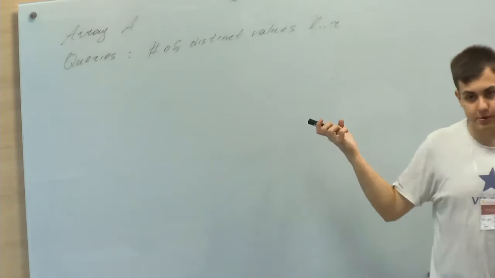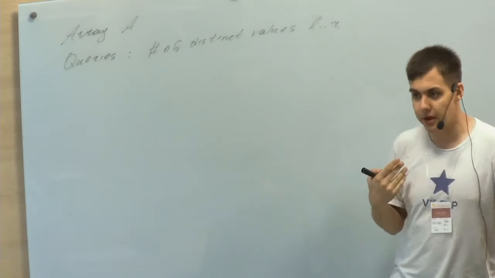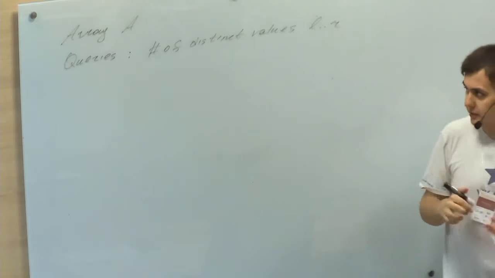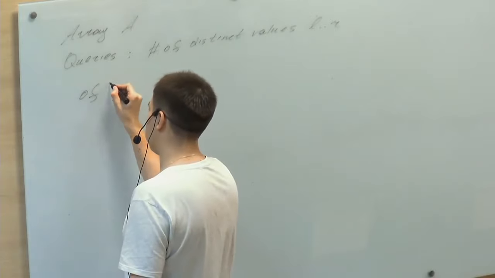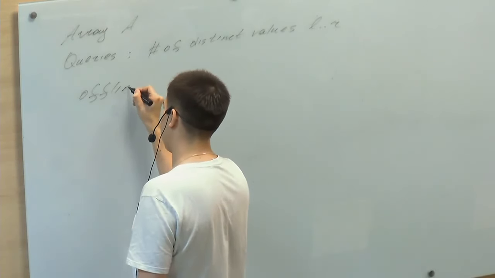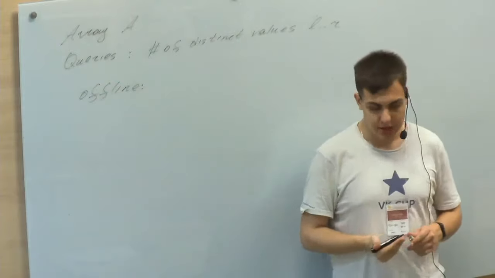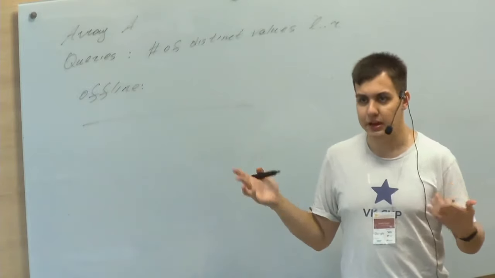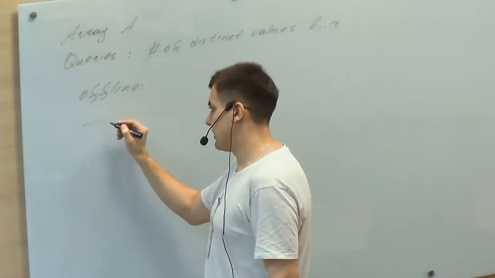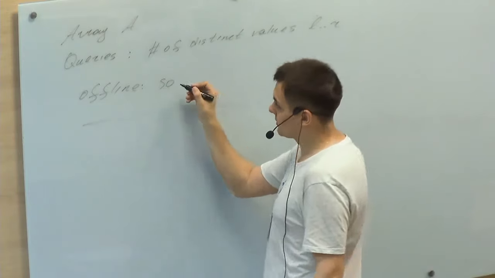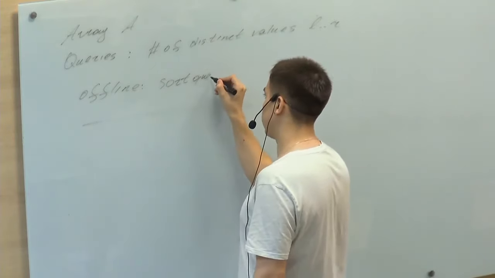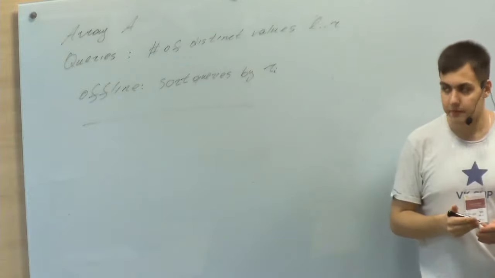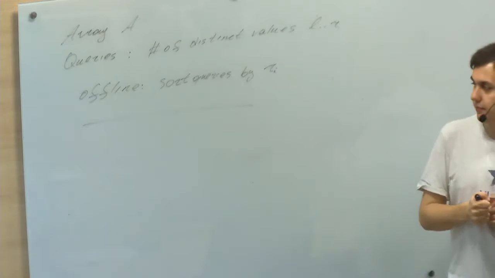So let's first come up with an offline solution. Okay, so we have this array or number line, and we have some queries. Let's sort all the queries by the right border.